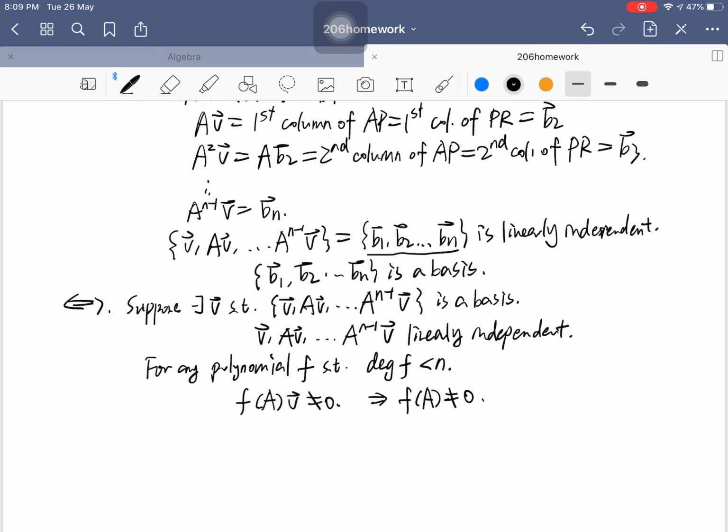Since for any polynomial that has degree less than n, f(A) is not 0, the degree of the minimal polynomial should be greater than or equal to n. But notice that the characteristic polynomial has degree n.